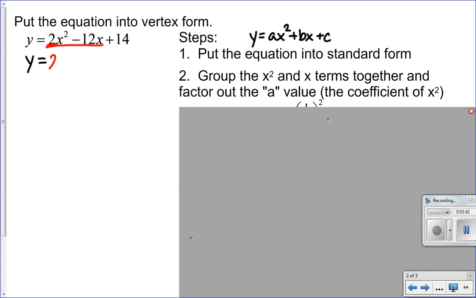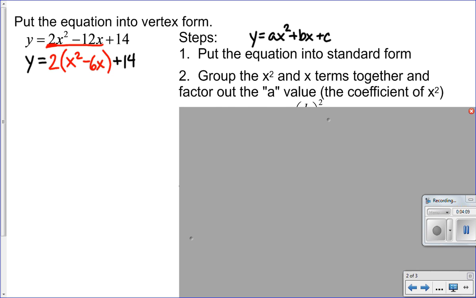So a is 2. When we factor it out, we're going to have to open up a set of parentheses and then divide both of those terms by a. 2x squared divided by a is x squared, and negative 12x divided by a is negative 6x. And then we still have that 14 there at the end.